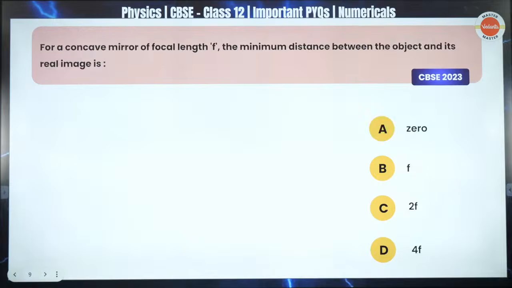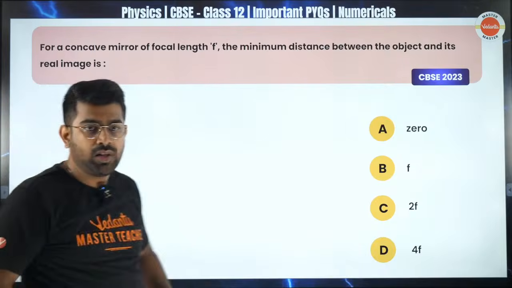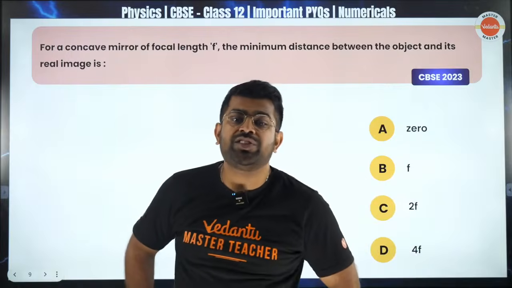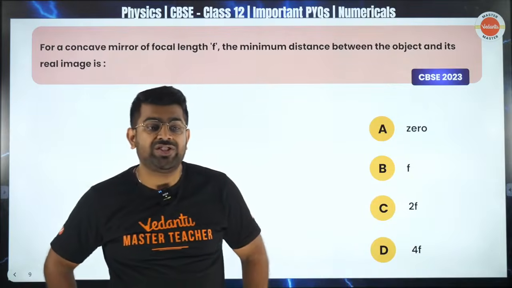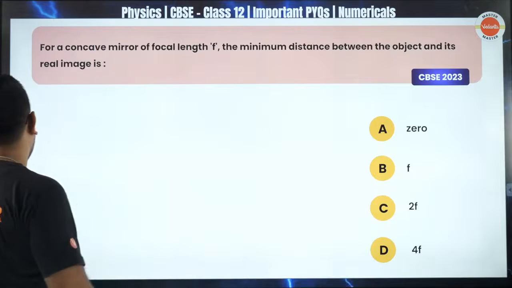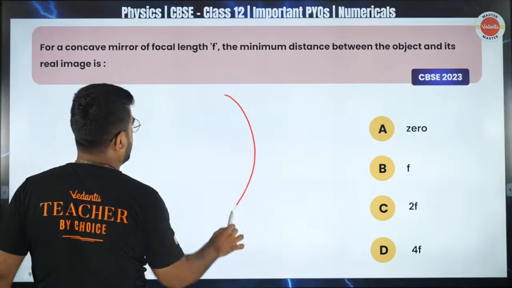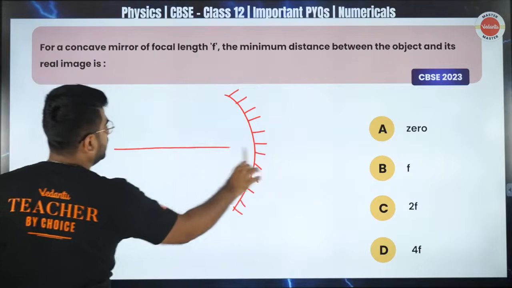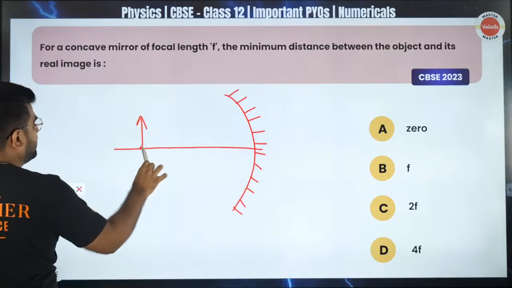Okay, next one. For a concave mirror of focal length f, the minimum distance between an object and its real image is? What is the answer? The answer is 0, because for a concave mirror you can have the image at the place of the object when it is at the center of curvature.